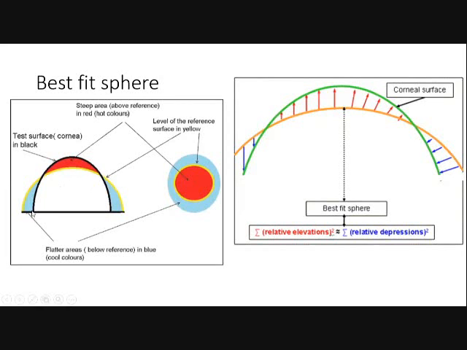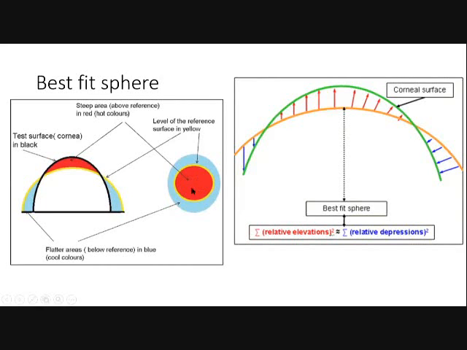Again, this black line is a cornea and this yellow line is a best fit sphere. All the points of the cornea which are above the best fit sphere will be coded red, and all the points which are below the best fit sphere will be coded blue.